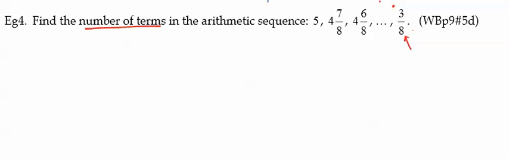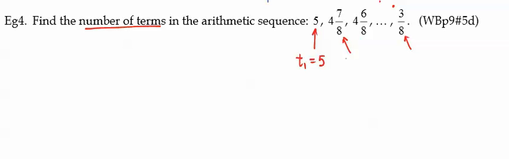Find the number of terms in the arithmetic sequence, starting with positive 5, that's the first term. And this sequence will give us a fraction for the second term.